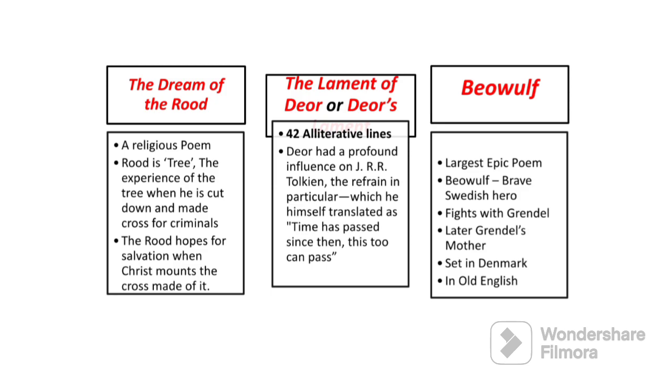After 50 years, Grendel's mother comes back to take revenge, and Beowulf also kills the mother dragon, but also gets fatally wounded, and in the end, Beowulf also dies. So, in the end, there is an elegy kind of a thing as well, and it is set in Denmark. It is written in Old English. Remember all these things.